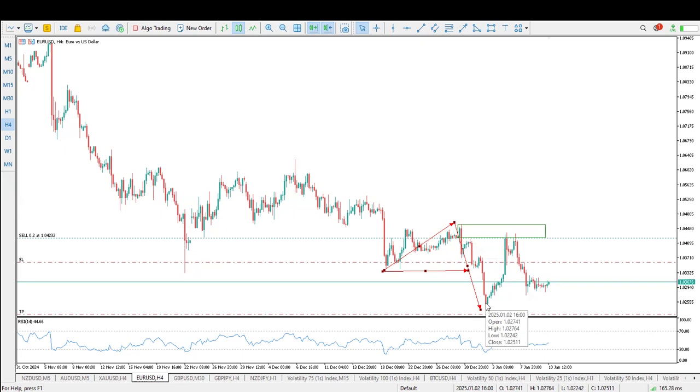Now, inside your internal liquidity, as the market is pulling back up, the first point it will get to is your inducement, and the second point it will get to is your structural liquidity.